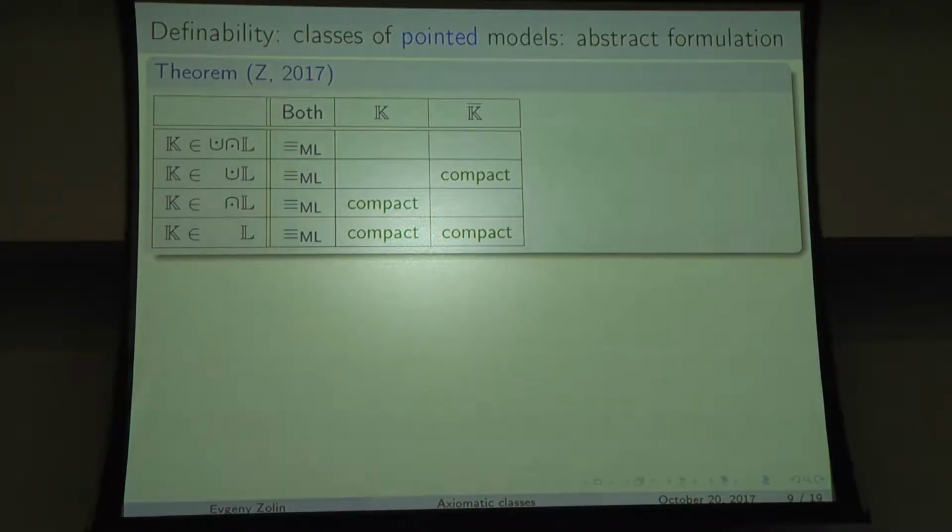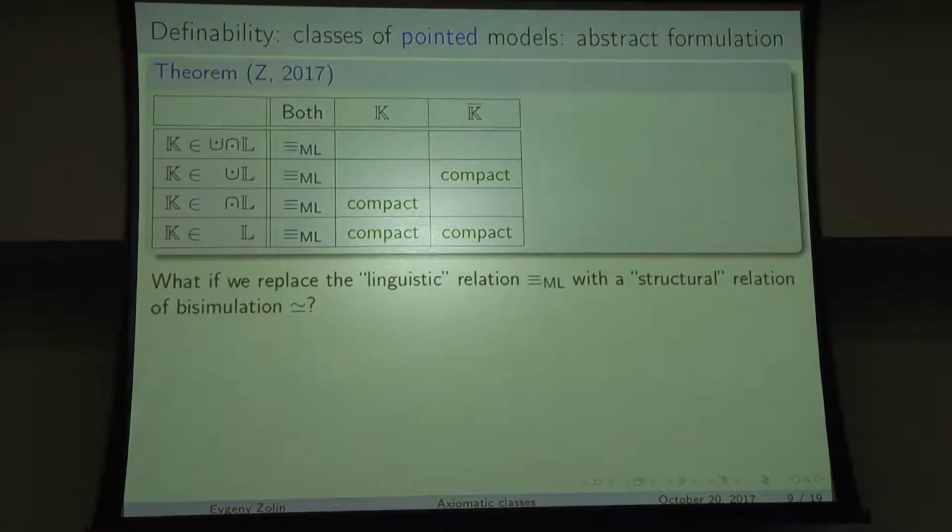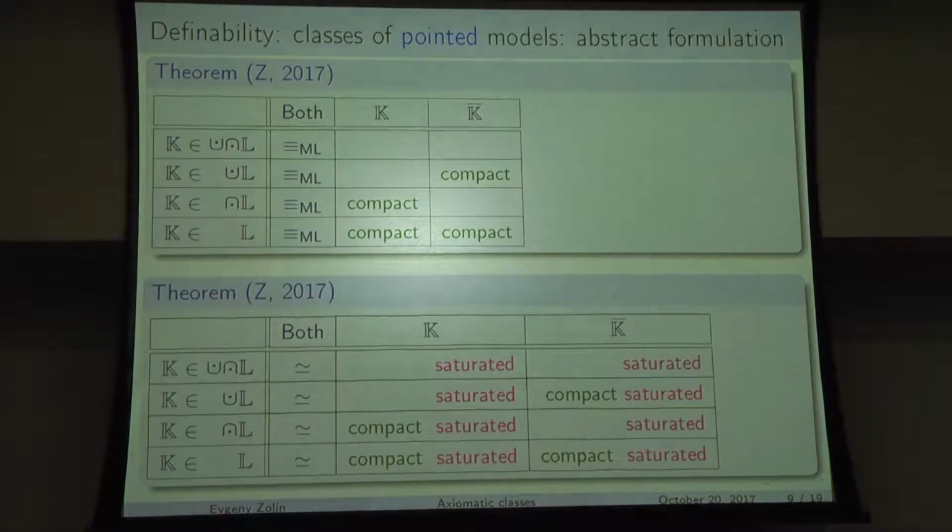And you can read similarly all four lines. And if we, again, want to get rid of the linguistic relation and replace it by some structural relation, by the simulation relation, then we can do this at the price of adding the saturatedness condition at every cell.